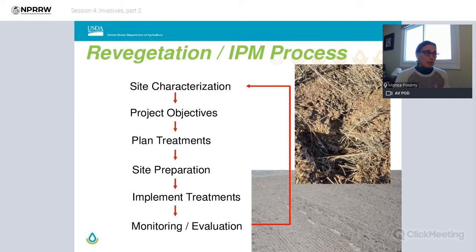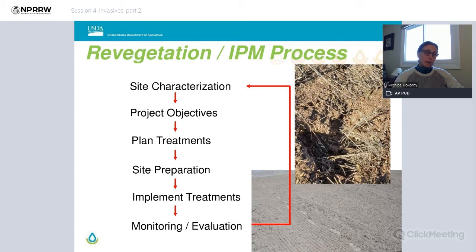And then we're going to think about what we need to do to prepare the site. Site preparation, I would say, is probably the most important step in a revegetation project, because if you have a poorly prepared site, you're going to have a lower chance of success on your site. So it's really important that you, at this stage, control your weeds, prepare the soil, and make sure that you have good seed to soil contact in order for the seeds to germinate.